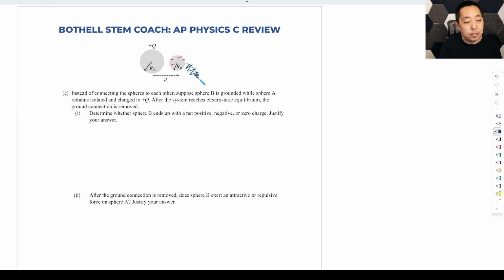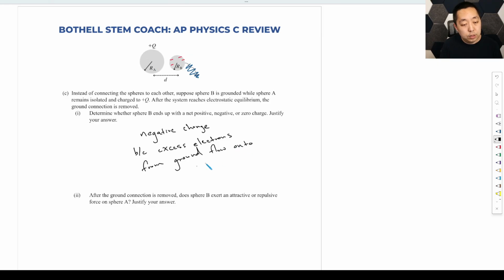We're going to disconnect this now. So now sphere B has a net negative charge because the excess electrons from ground flow onto sphere B.